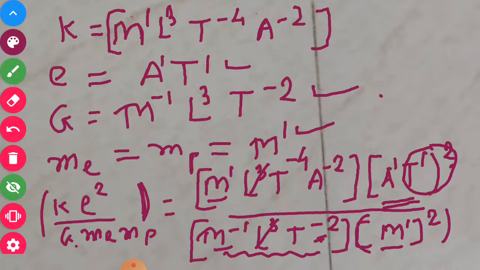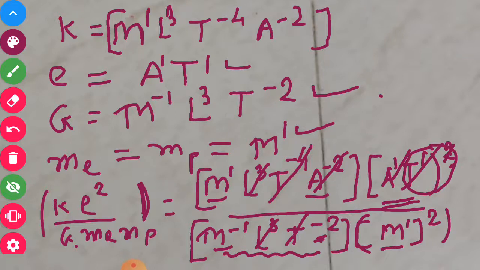So in total it becomes T⁴, and this T⁻⁴ will also be cancelled out. And A⁻² it is, here A¹ and this square, so it becomes A², so A⁻² and A² will also be cancelled out.